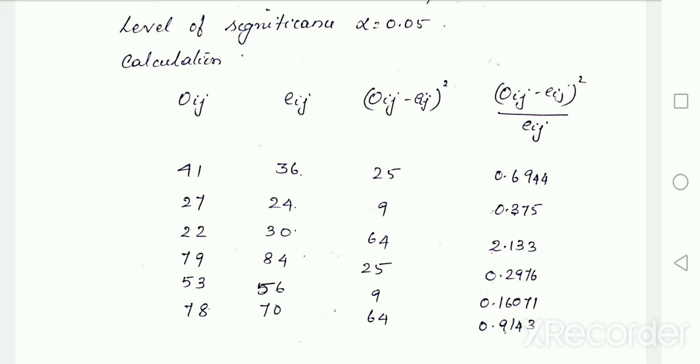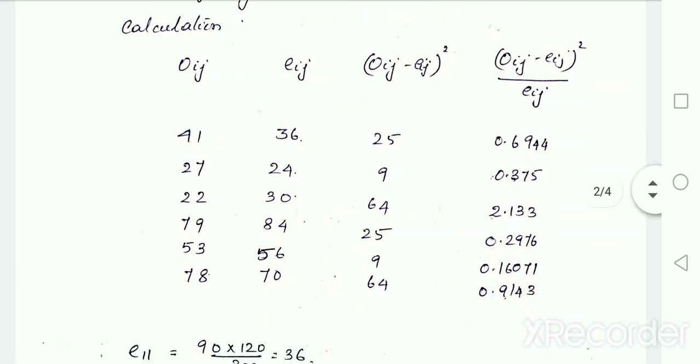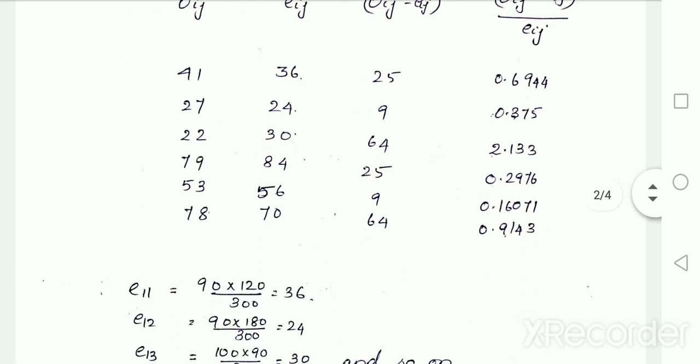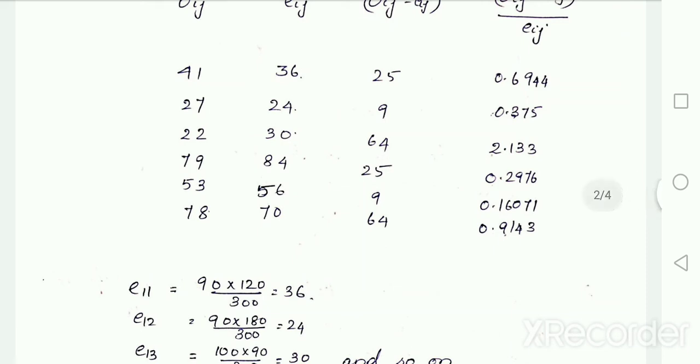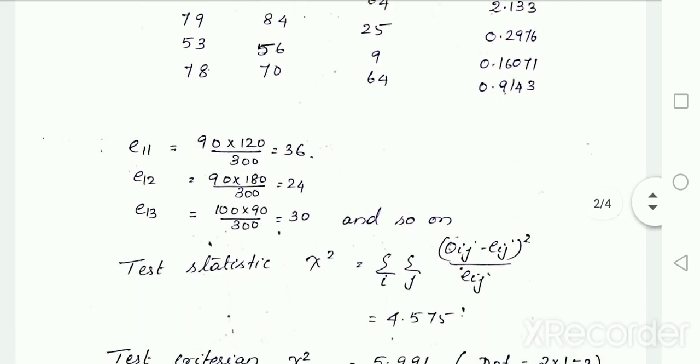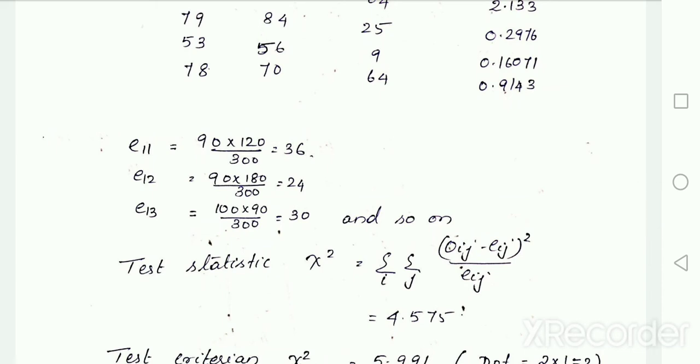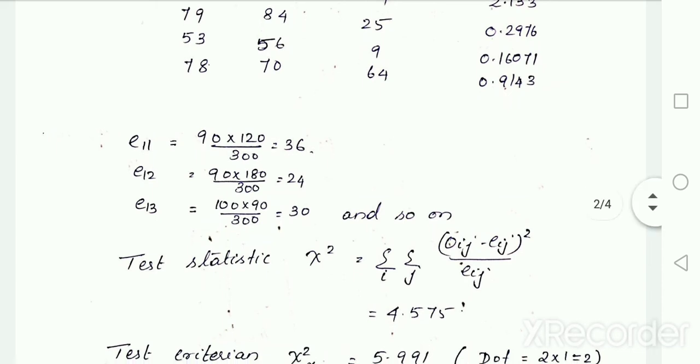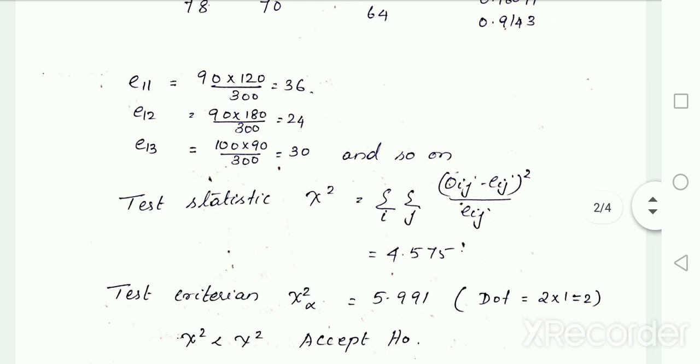You have to verify. In the test statistic formula, we apply the sum of (Oi minus Ei) whole square divided by Ei. By substituting these values, we get the chi-squared value, that is the sum of (Oi minus Ei) whole square divided by Ei, as 4.575.